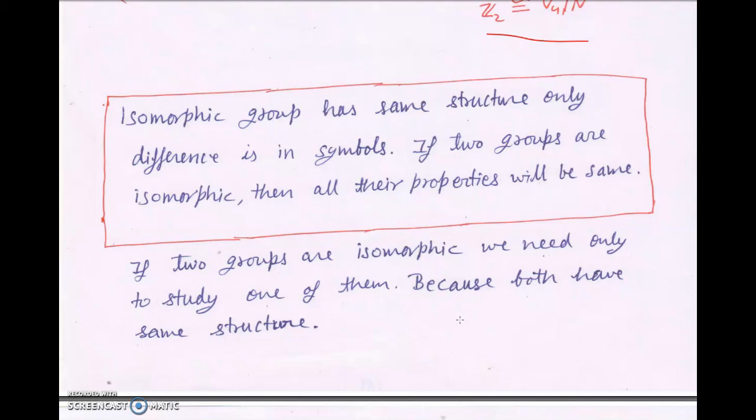Structure means the multiplication table, and the multiplication tables are the same, just the symbols are different. So both groups have the same structure, and every group theoretic property will be the same in case of isomorphic groups. So it means if two groups are isomorphic, we need only study one of them because both have the same structure.